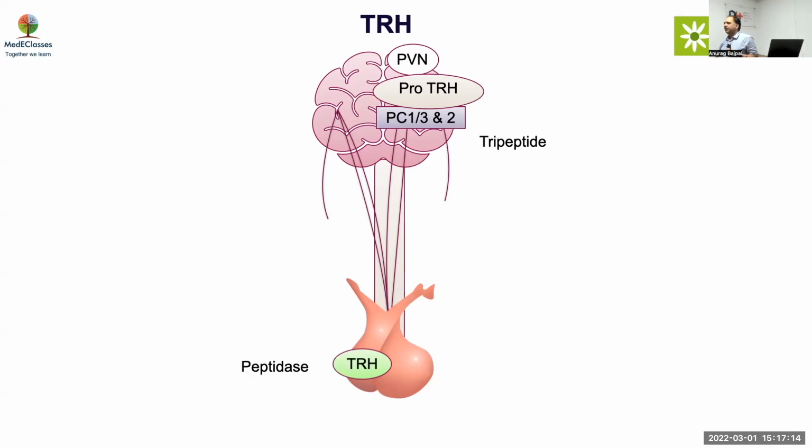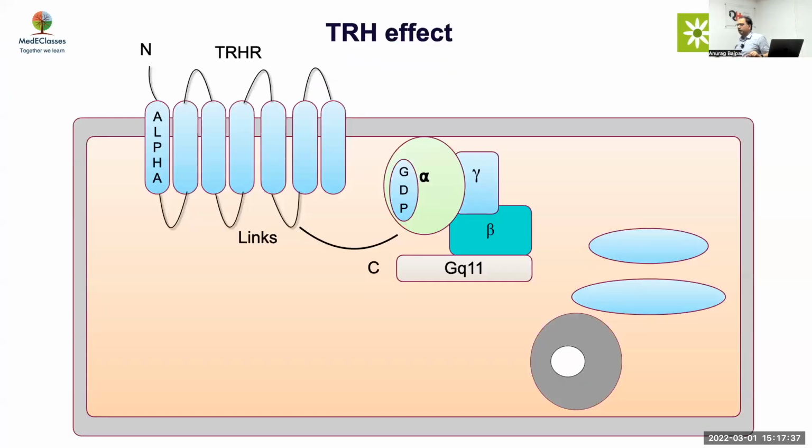But TSH does not cross the placenta, while TRH crosses it but does not reach the blood in high levels. So the TSH level in the blood will be very high, but the TRH level will not be. Even though it crosses, it is destroyed as soon as it reaches the blood. It has a very short half-life.